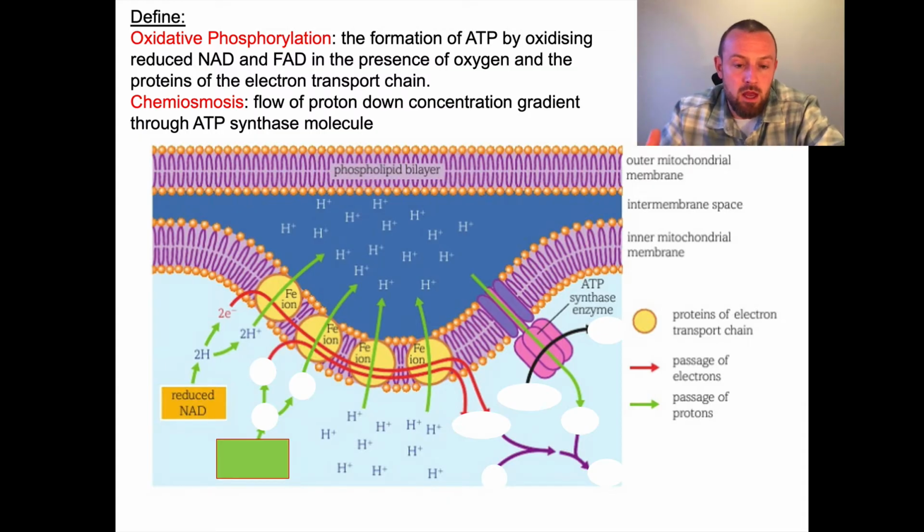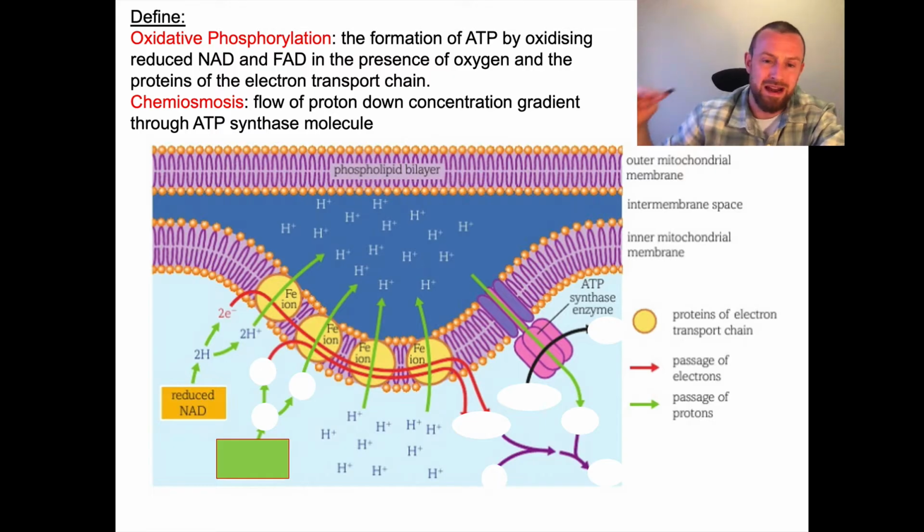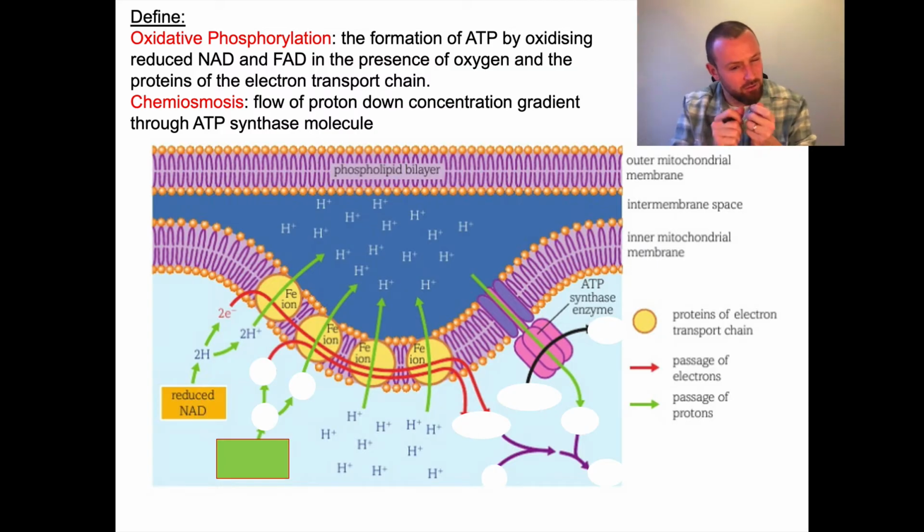Now, the thing about the proteins of the electron transport chain is they are arranged so that electrons move from a sort of more highly reducing protein down a sort of electrical potential gradient. So that the electrons, when they come out of NAD, they've kind of got high energy. If you studied photosynthesis, this will kind of sound familiar.